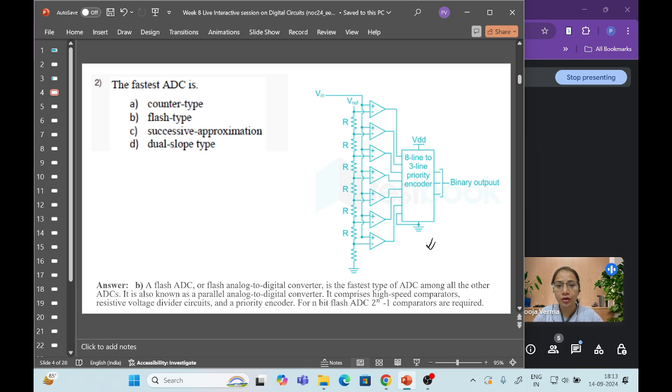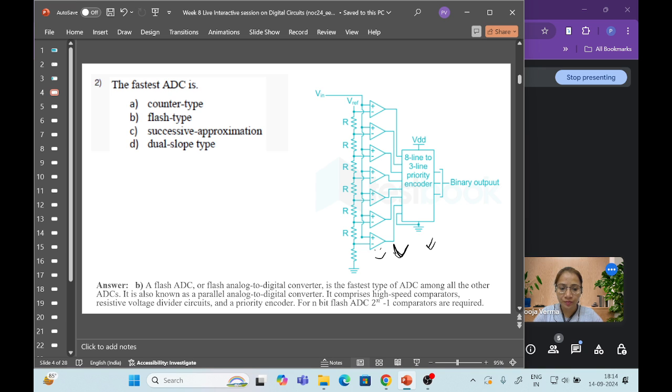Whatever analog signal we give, it is converted by this structure because multiple op-amps or comparators are used, and then it goes to the encoder. Flash ADC is the fastest among all ADCs. It is also known as a parallel analog to digital converter, and it comprises high speed comparators.